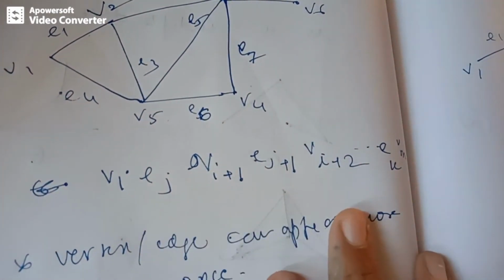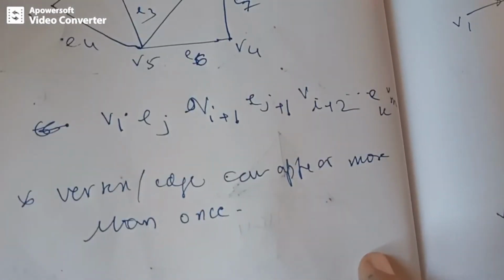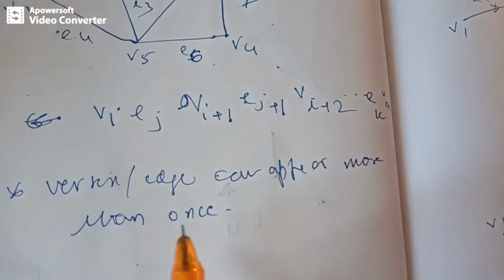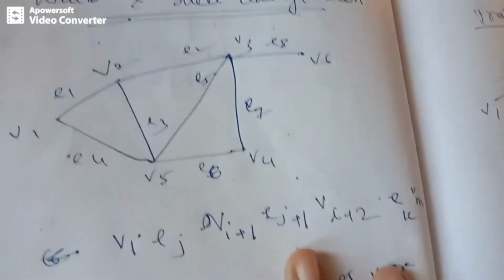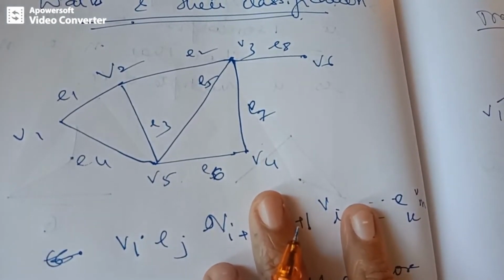Such a sequence is called a walk. And what can we say about the length? The number of edges present in the walk is called its length.